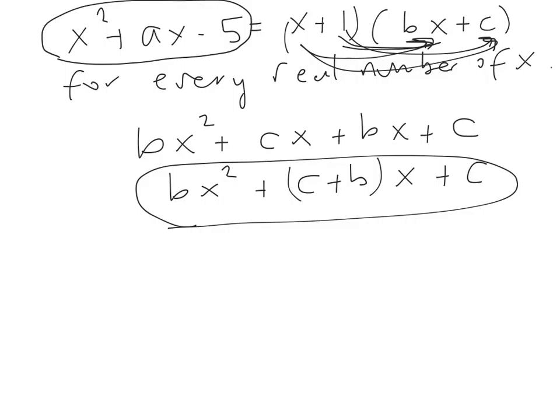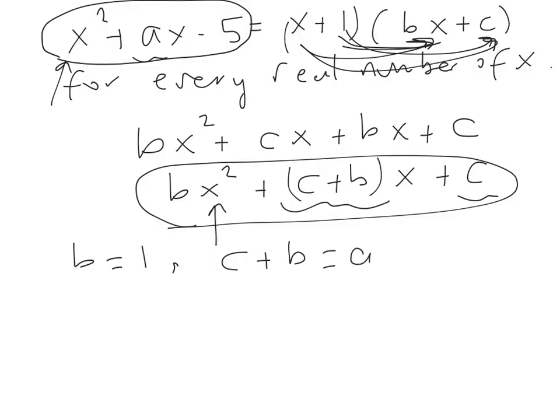The x squared here and the x squared here must have the same coefficient. So b equals 1. C plus b here must be equal to a, and c must be negative 5. So b equals 1, c equals negative 5.